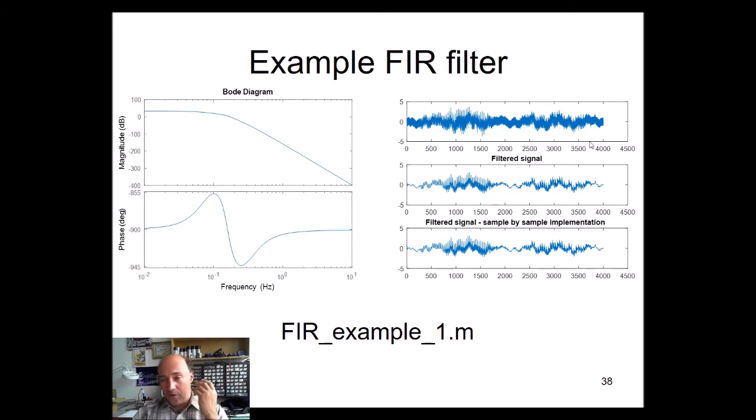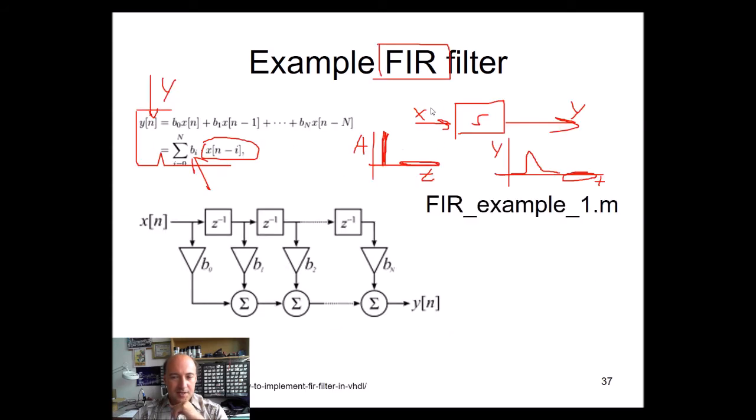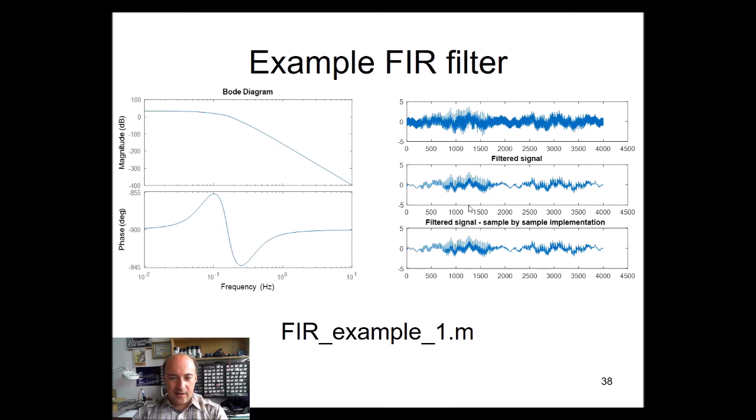I have taken, for no reason at all, about 4,000 samples. So this is the input to the filter. This is the X that you have here on the filter. And after the filter, this is my filtered signal. And this is my filtered signal as well.